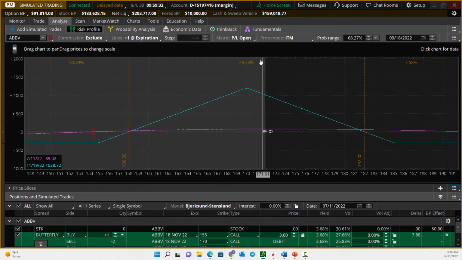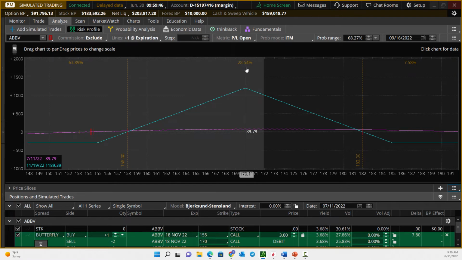Now, here's what I was talking about. They'll give you a little probability number, and they'll say, well, the odds that you're going to land in there is only 28, 29-ish%. So that implies there's about a 60, well, I'll call it 71% chance that you're going to lose, is what that implies. And most of that probability is that the stock's too low.